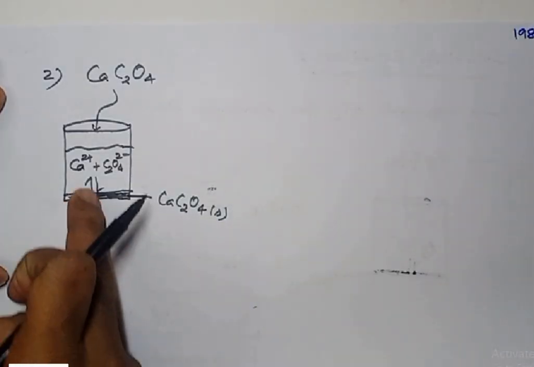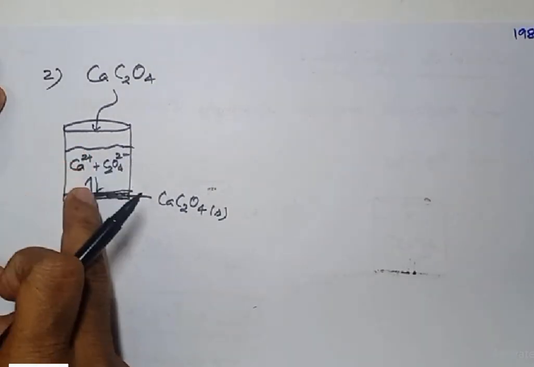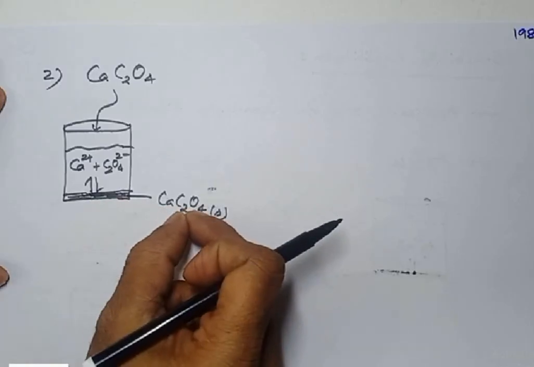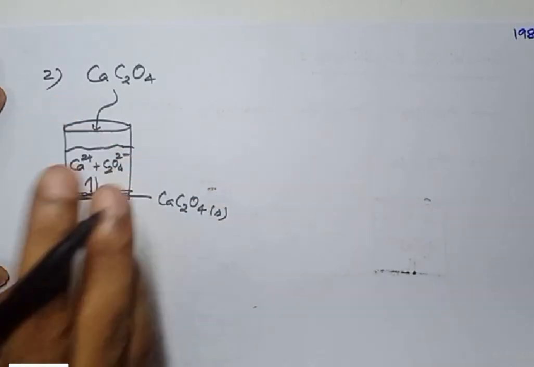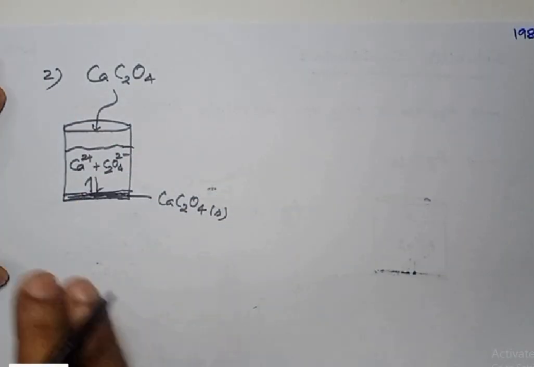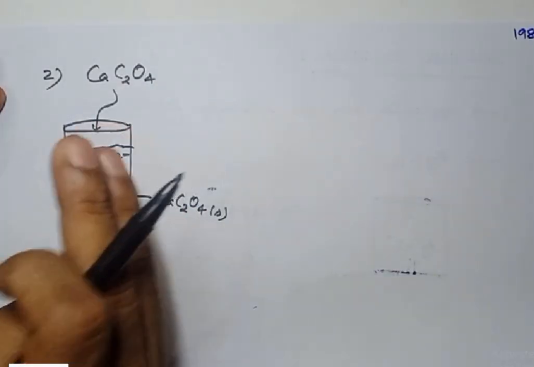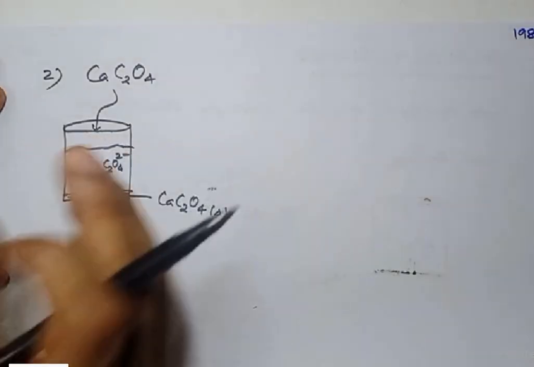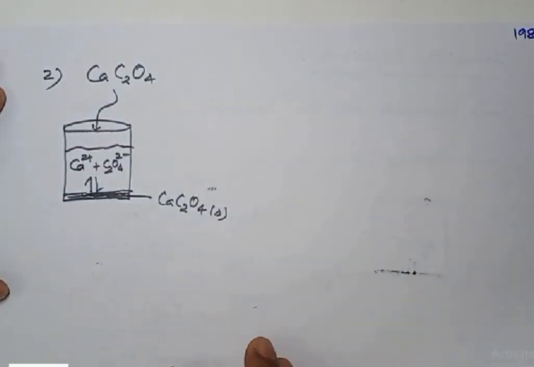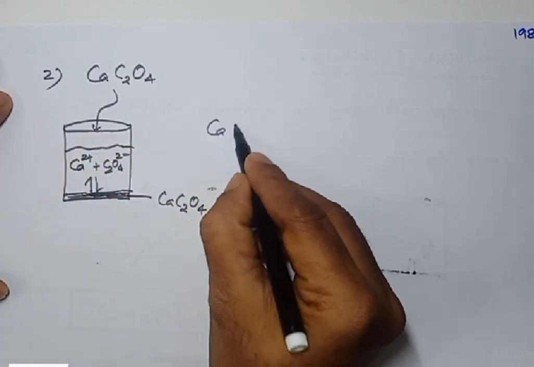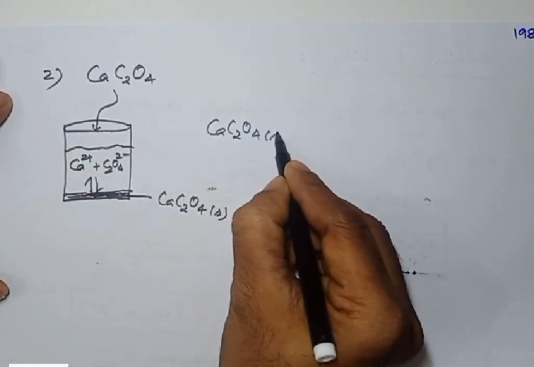Initially, the dissociation occurs in a faster manner, and the combination of the two ions to form the crystal, or crystallization, occurs in a slow manner. At a particular time, the two processes occur with the same speed. We call that stage the equilibrium stage.